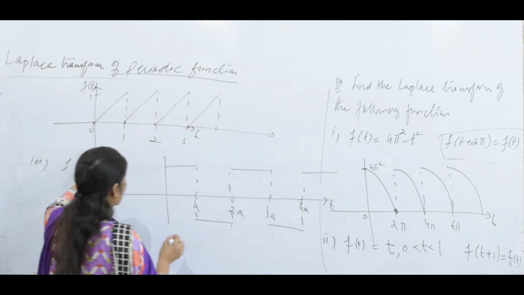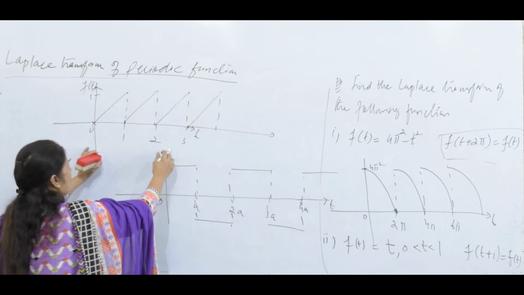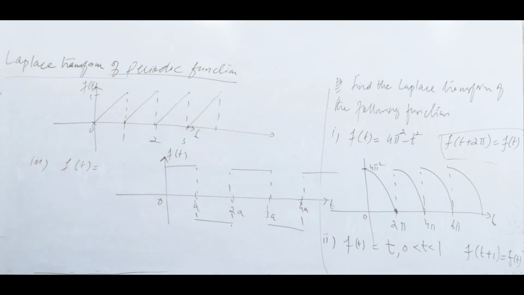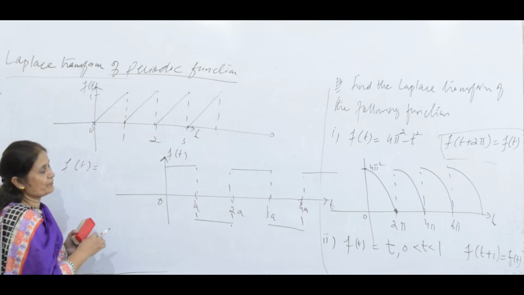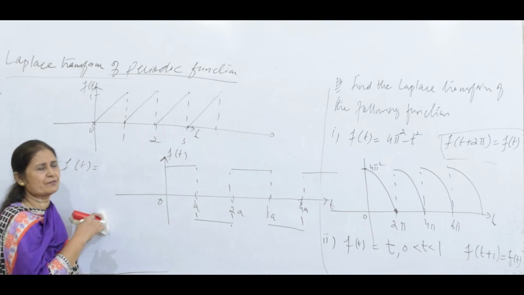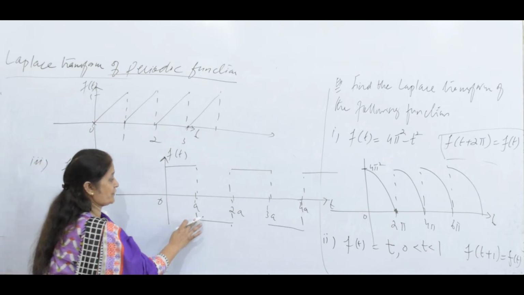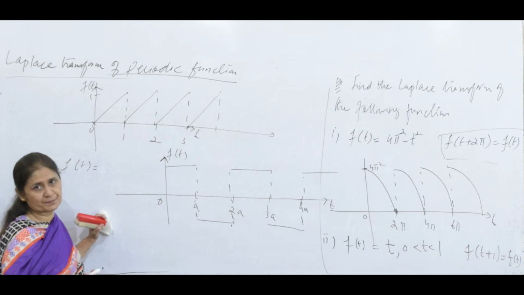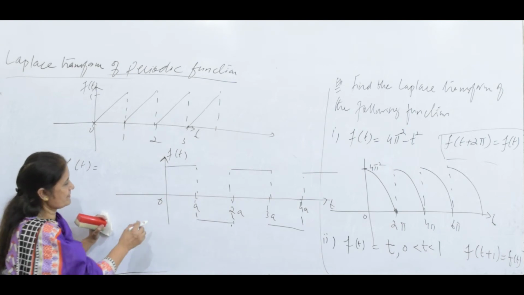This is f of t. From the figure, can you find what is the period of this function? If you are looking at the diagram, can you find the period of the function?